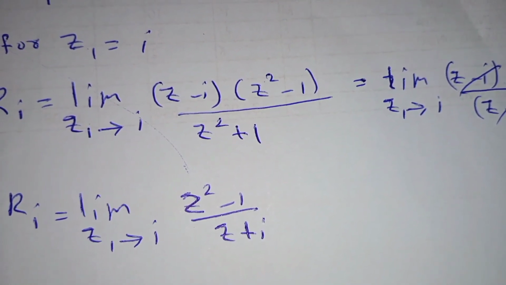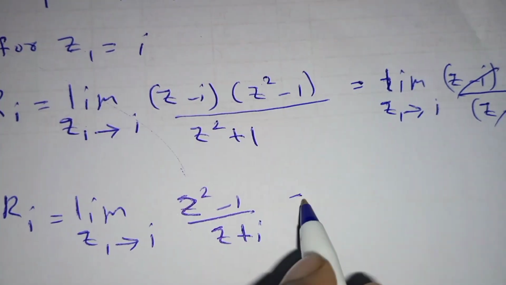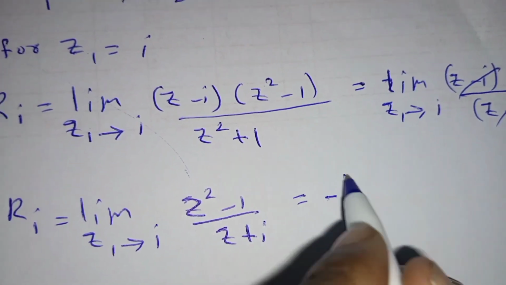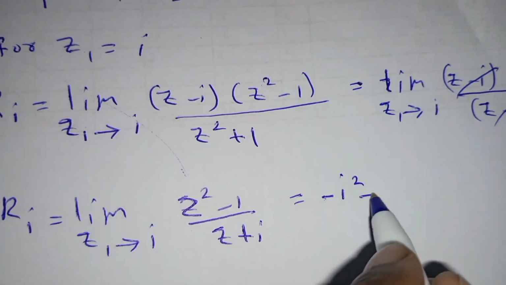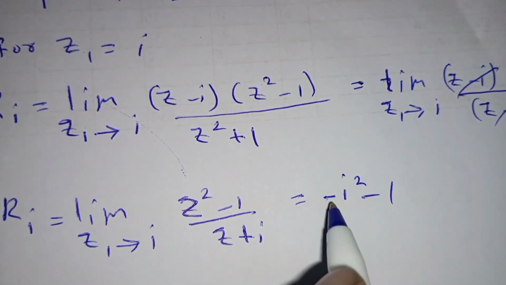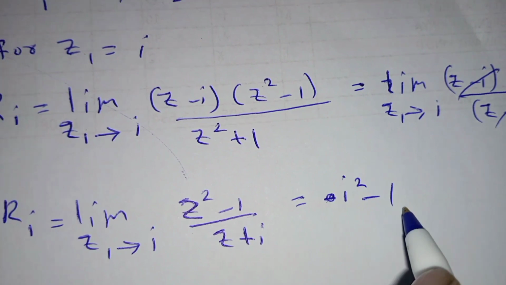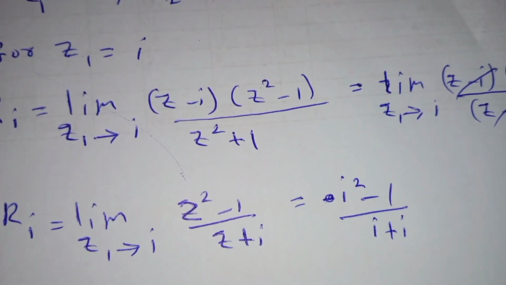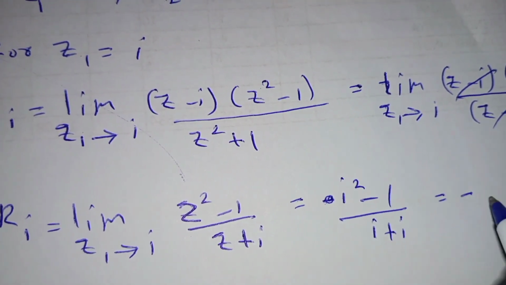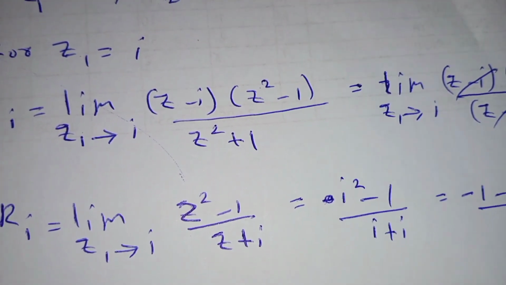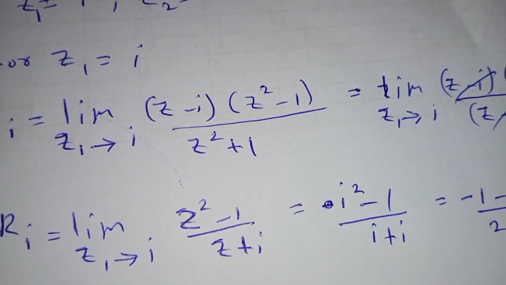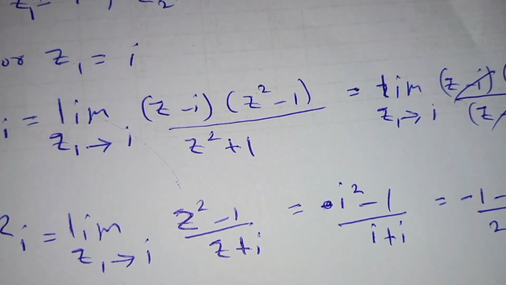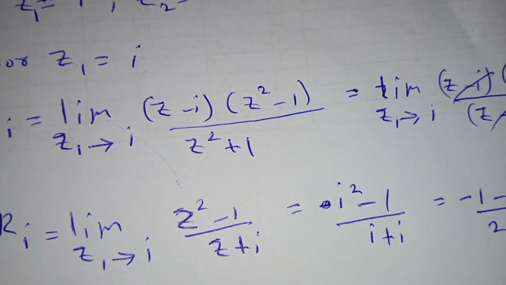We substitute now. When we substitute in the numerator, we are going to have i squared minus 1, divided by i plus i, which is equal to (negative 1 minus 1) divided by 2i, which is equal to negative 2 over 2i.